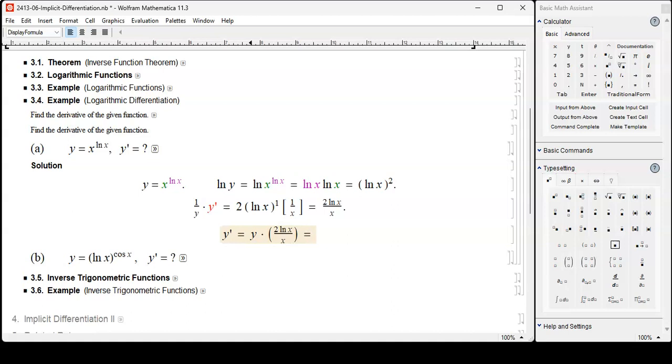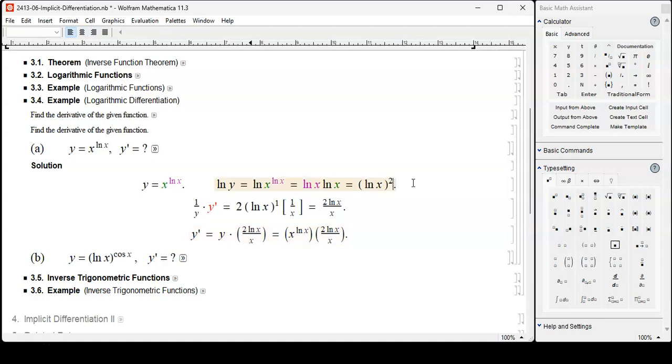But then again, what is y? Y is x to the log of x. So this entire thing is x to the log of x times 2 log of x over x. That completes the problem.